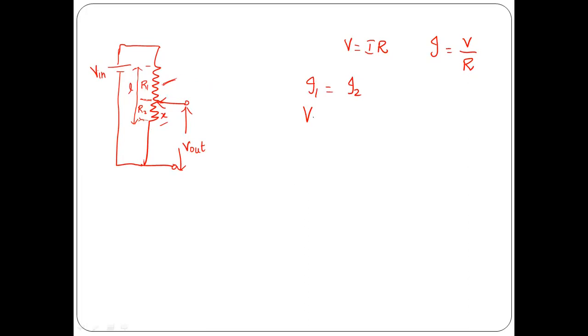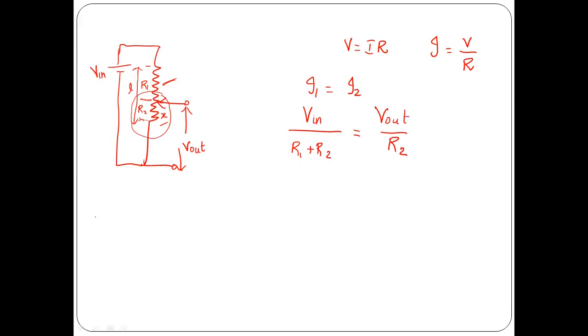Then I1 will be V in divided by the resistance of the entire wire, which is R1 plus R2, because when resistances are connected in series, the net resistance is the sum of both. Now let I2 be the current through this portion alone. That will be V out by R2.